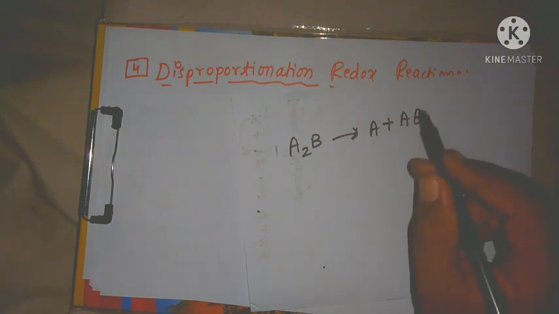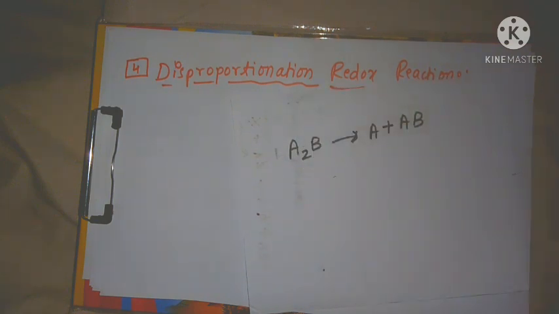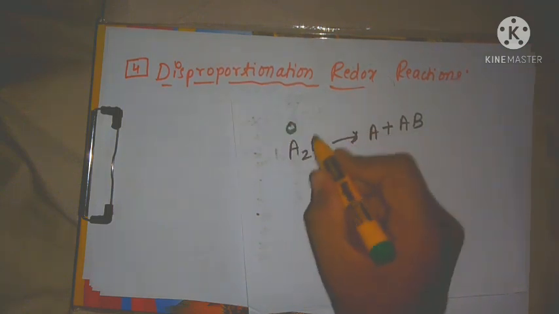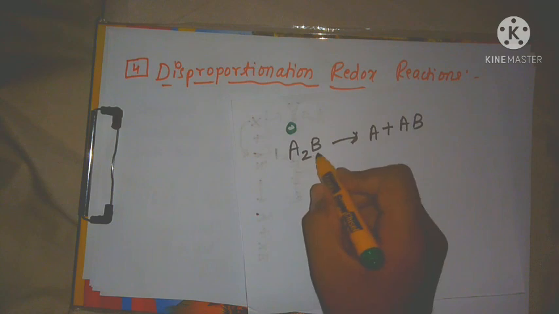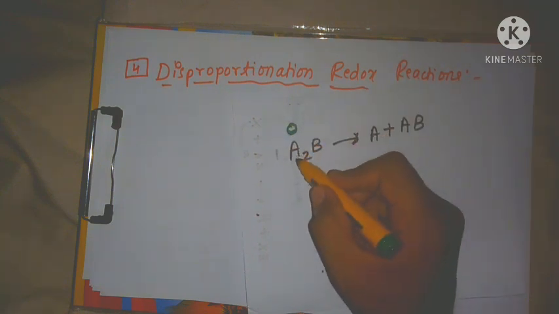But what you have to observe here is the oxidation number. Let me take the green pen here. Oxidation number of A in the reactant is 0, just imagine, just consider.